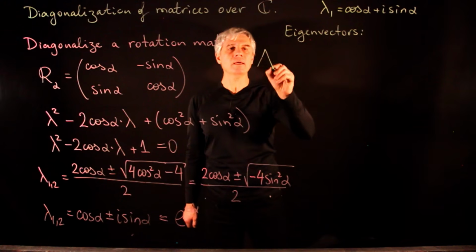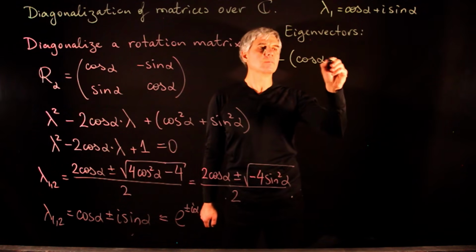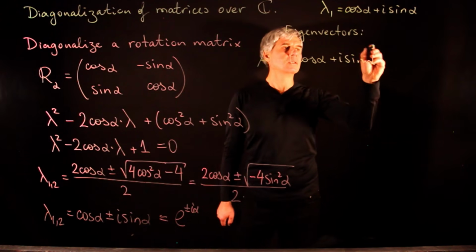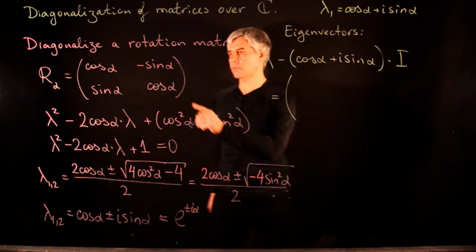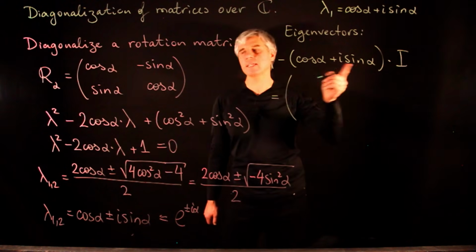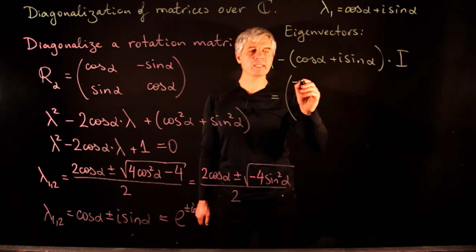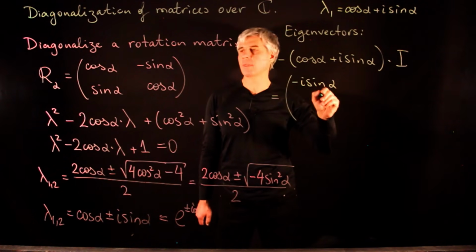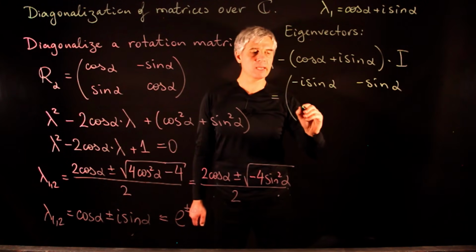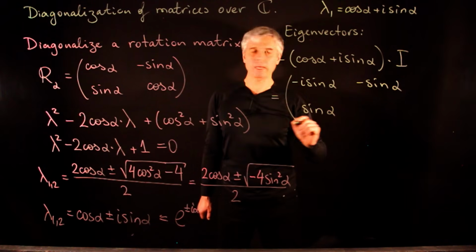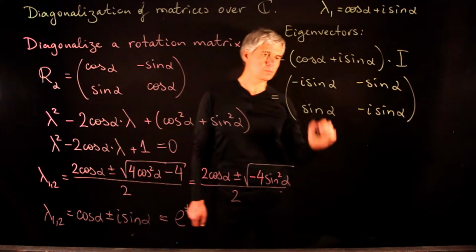So we take A minus (cos alpha + i sin alpha) times the identity matrix. So we subtract cos alpha + i sin alpha from the diagonal. Here we will get −i sin alpha, −sin alpha, and sin alpha, −i sin alpha.